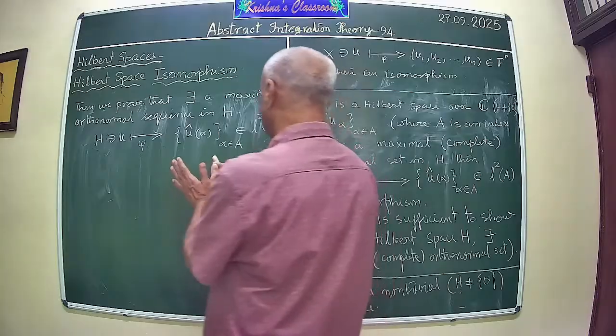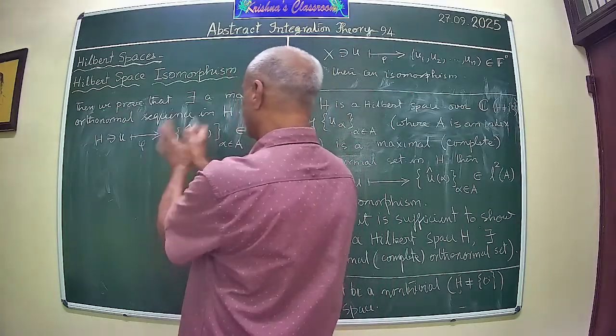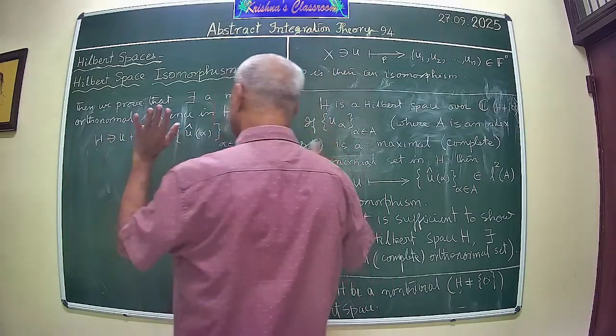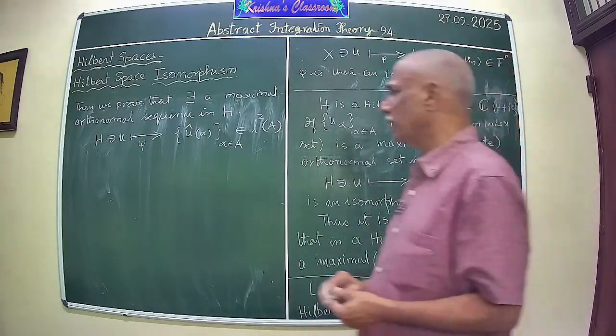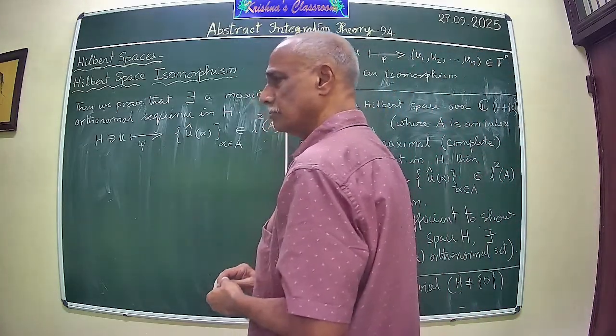Once you have a maximal orthonormal sequence, this relation is a Hilbert space isomorphism.